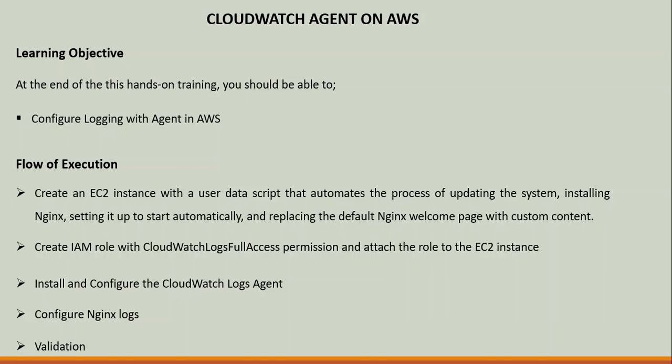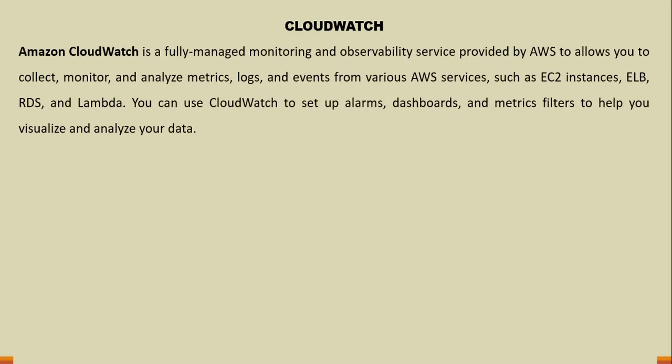So I'm going to start with the explanation to introduce these services, in case they sound strange or new to you. CloudWatch, as we all know, is a fully managed monitoring and observability service provided by AWS that allows you to collect, monitor and analyze metrics, logs and events from various AWS services such as EC2 instances, Elastic Load Balancer, relational databases and Lambda.